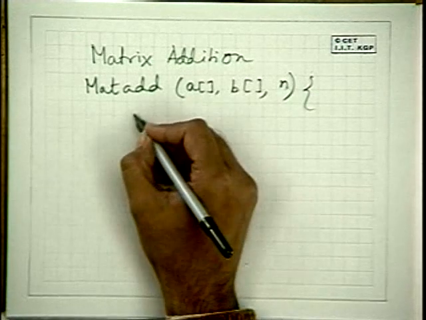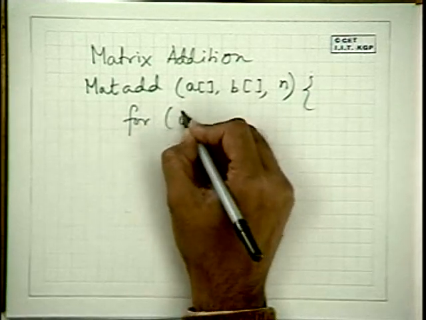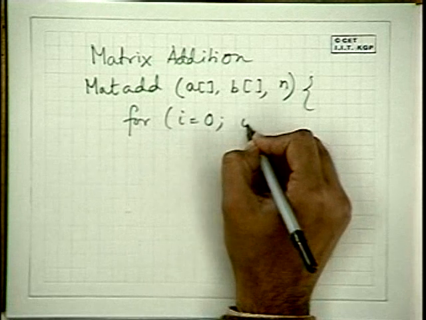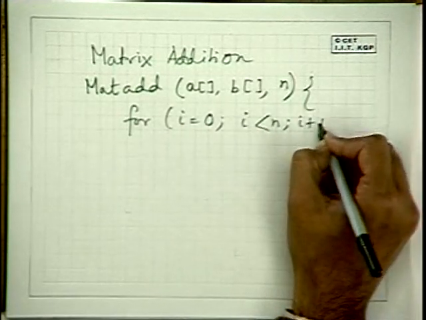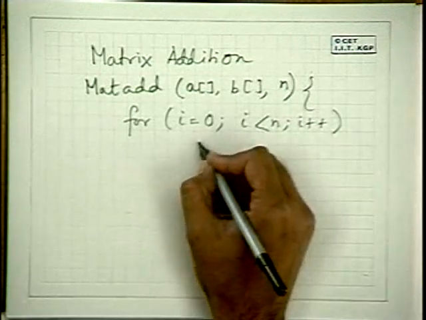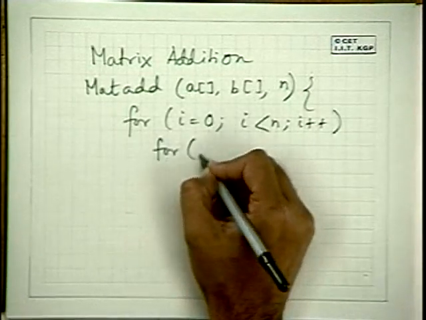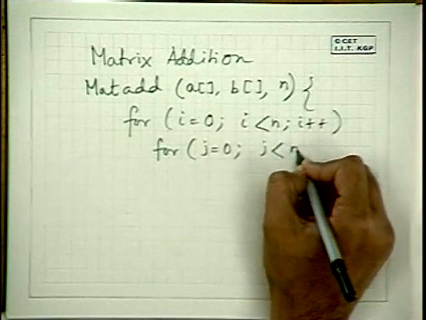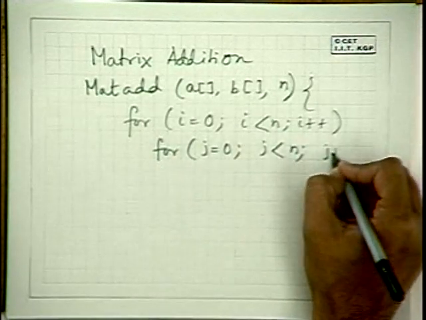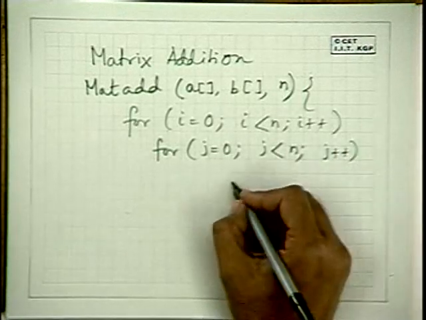Then suppose this is the algorithm: for i is equal to 0. It's a very simple algorithm. I don't have to explain what it is doing, and I am writing in a manner called pseudocode. It's like Pascal or C, but not following all the syntax exactly. But it should be clear to you what I am trying to do.